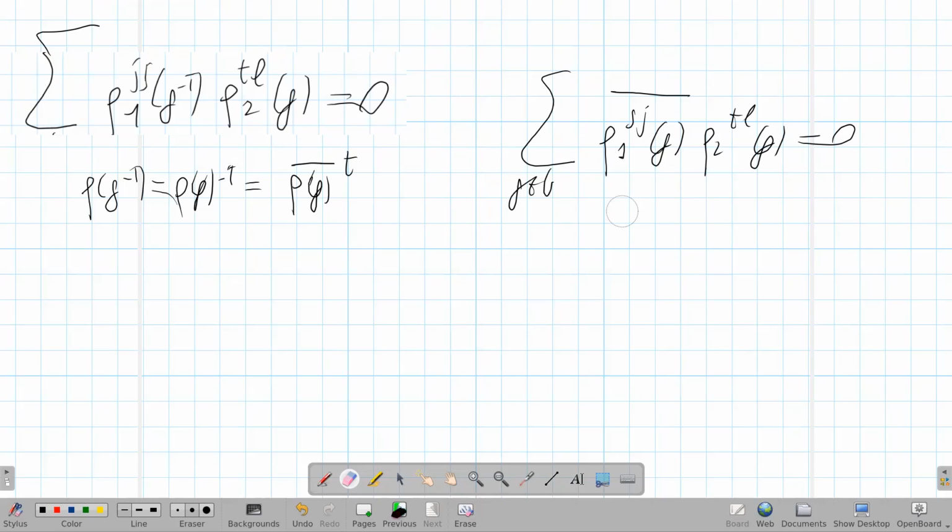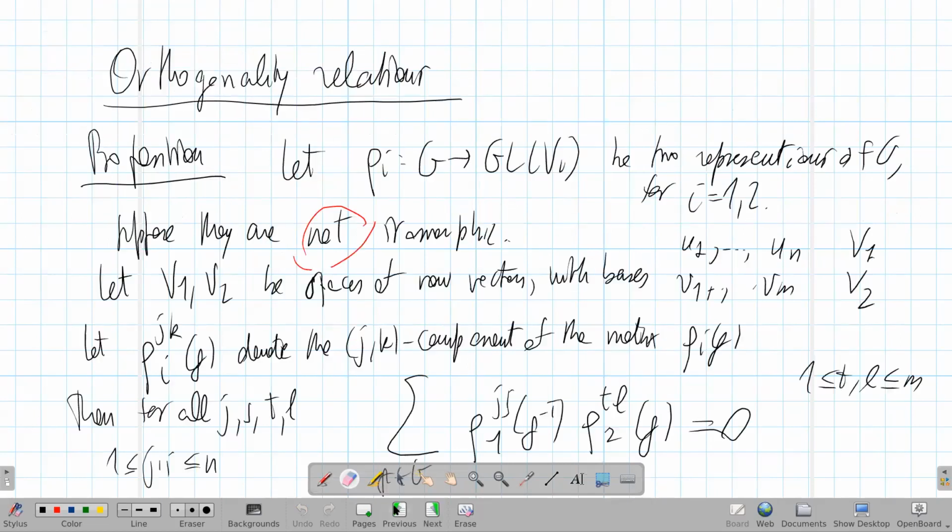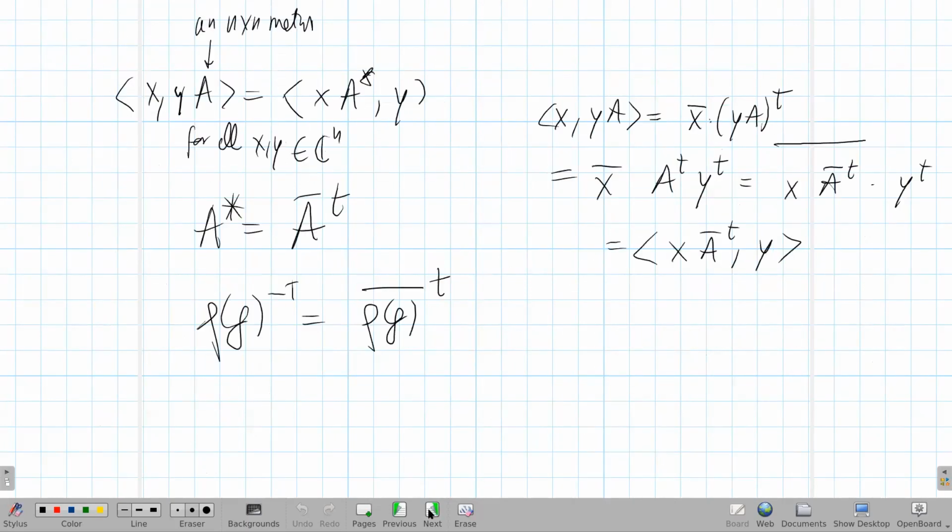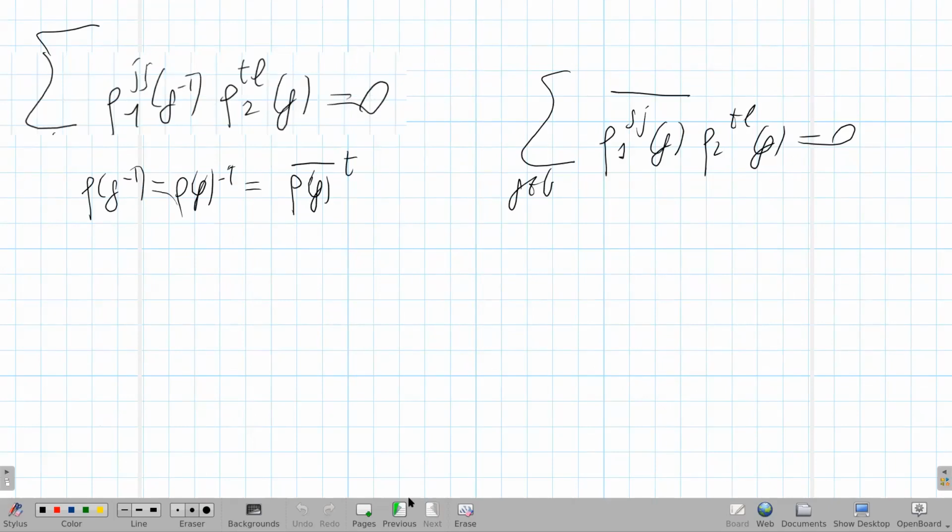So we are committed to proving that under these conditions, this is zero. So how do you do that? Well, it's a relatively simple calculation. Let's see whether I'm able to do it without mistakes. Okay, so proof of these first orthogonality relations.